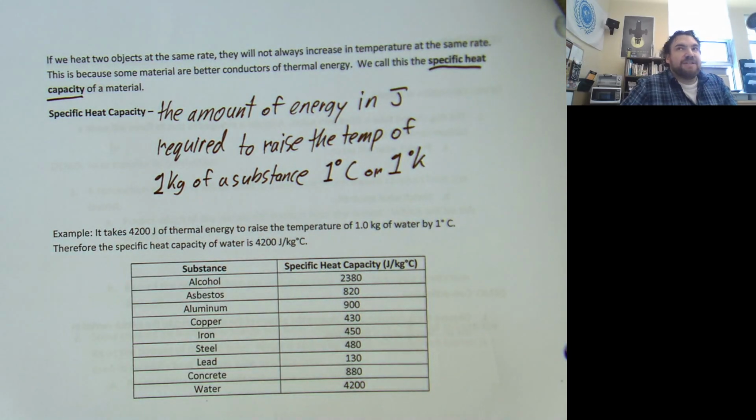It's a very specific way of looking at something. No pun intended. The amount of energy in joules required to raise the temperature of 1 kilogram of a substance 1 degree Celsius or 1 degree Kelvin.